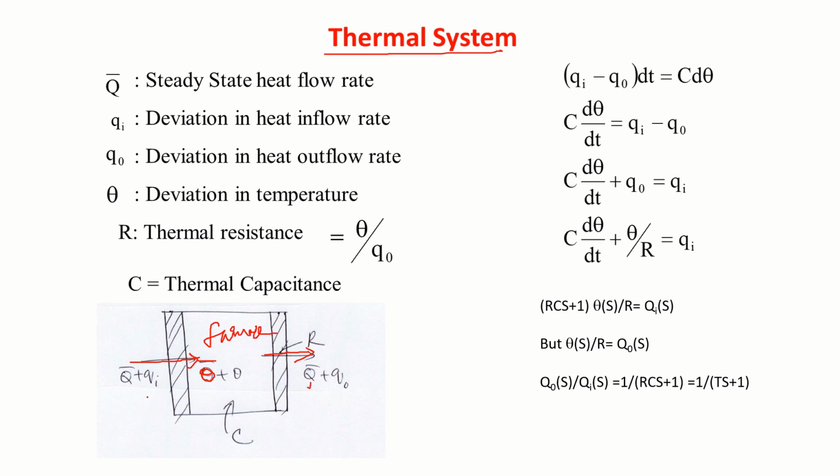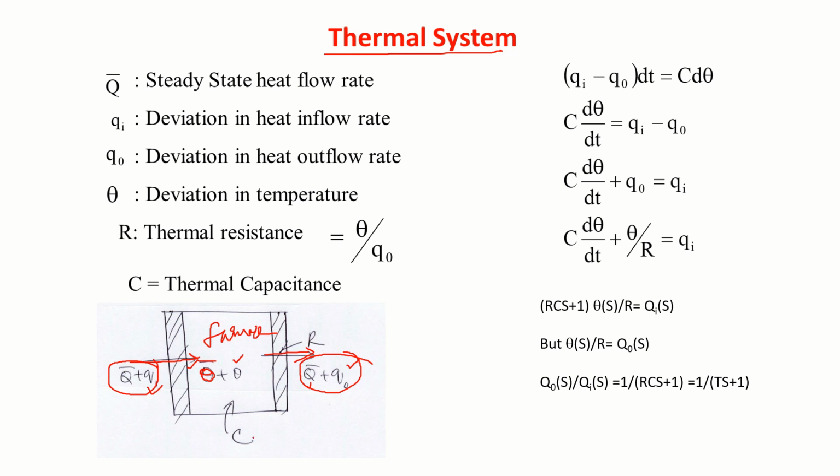Let me increase the heat inflow rate by Qi, and the outflow rate is Q naught. If the inflow rate is greater than the outflow rate, some amount of energy is stored, so the temperature will increase by theta.